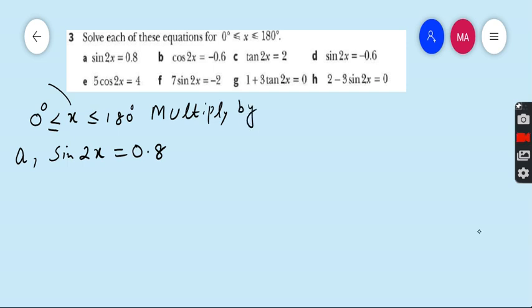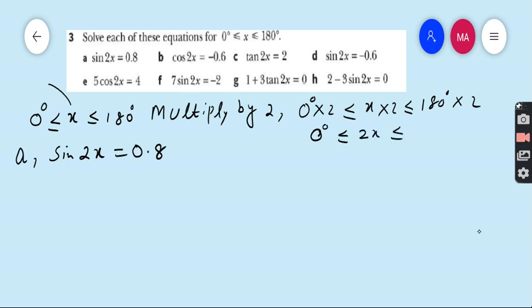Multiply by 2. So 0 multiplied by 2 is less than or equal to x multiplied by 2, which is less than or equal to 180 degrees multiplied by 2. 0 multiplied by 2 is 0 because something multiplied by 0 is always 0. x multiplied by 2 is 2x. 180 degrees multiplied by 2 is 360 degrees.